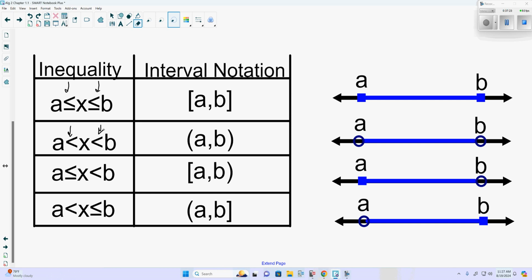So if A was 0, we have all the numbers up to 0. So we'd have 0.00001. A whole bunch of zeros and ones would be included, but 0 itself would not. Any other questions on these bounded intervals? We feel good about these here.